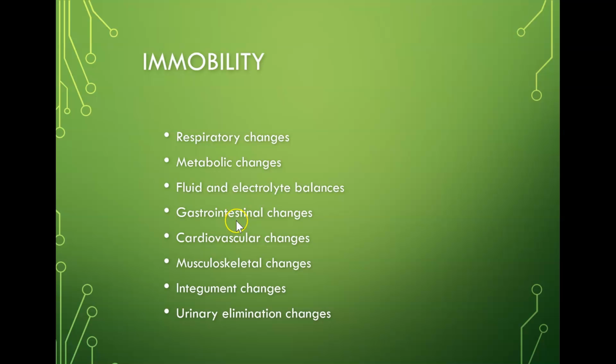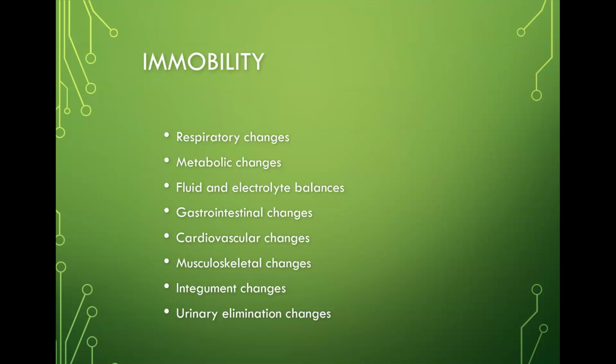Fluid and electrolyte imbalances may result in diuresis, because people who are immobile usually have increased urinary volume because of the shifts in blood volume when they're not moving around.